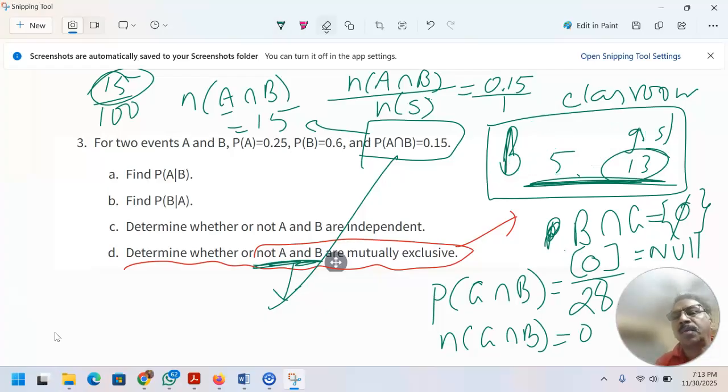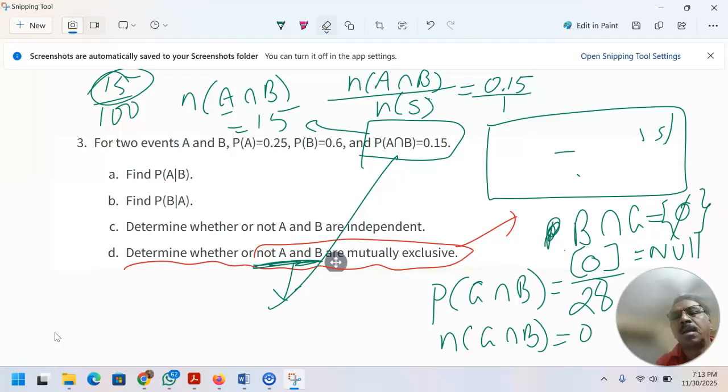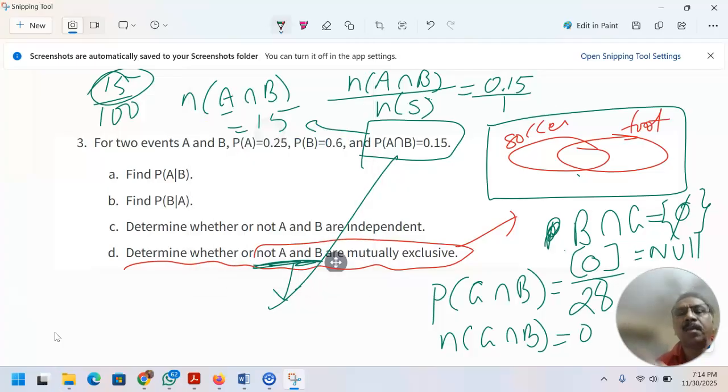So this is an example: maybe two groups of students, some of them like soccer and let's say this is football. So there are some students who like both. That means 15 students like both. A is 25 students like soccer, and this means 60 students like football. And you remember when I added up, it becomes 70. That means 30 students don't like either.